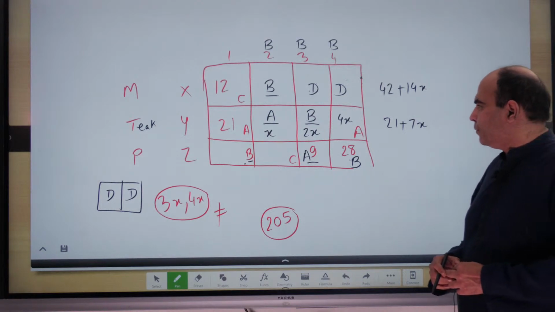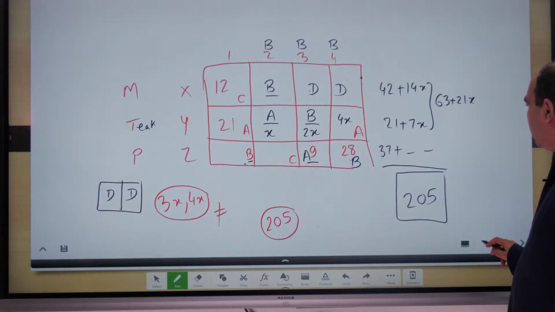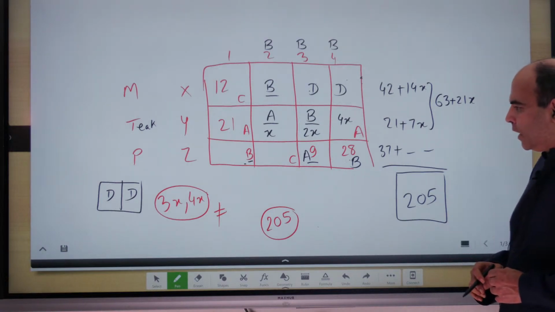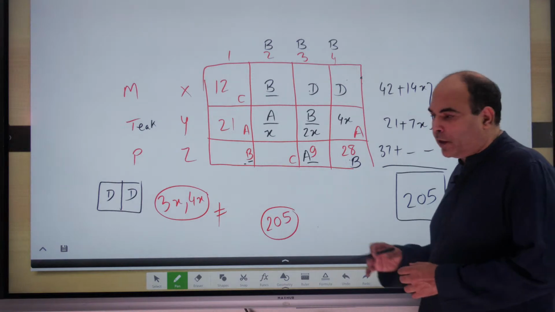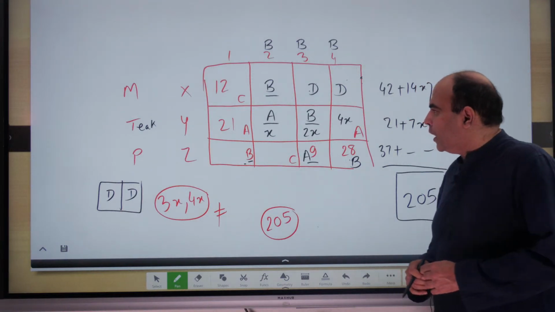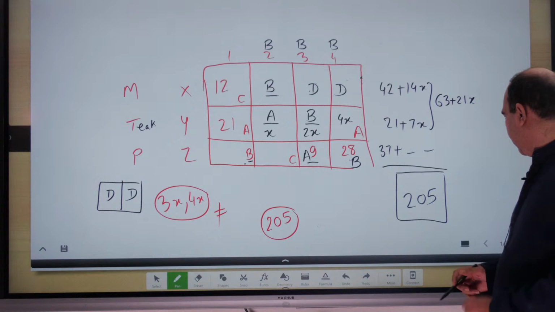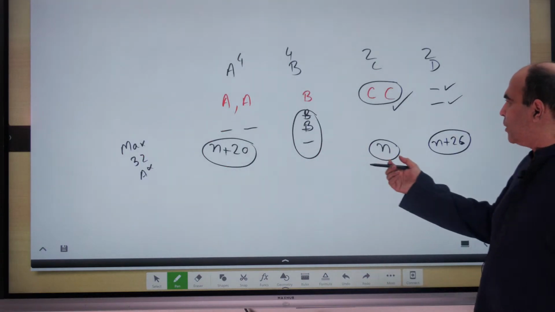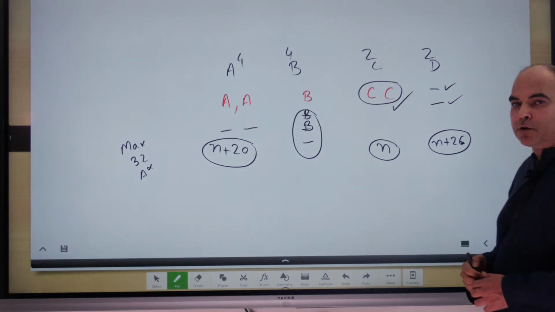Whatever we have to do, we have to do it from this point only. The other aspect is all the numbers are 3x, 4x. And the number of trees with A is n plus 20, C is n, and D is n plus 26.